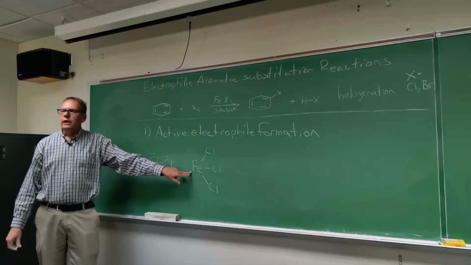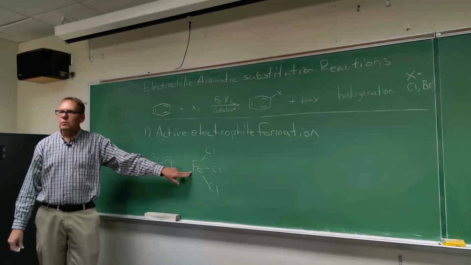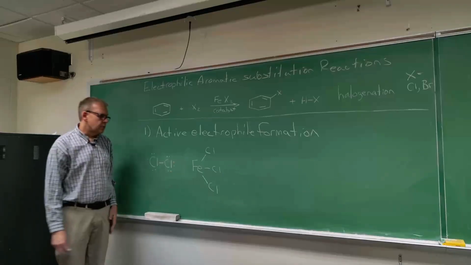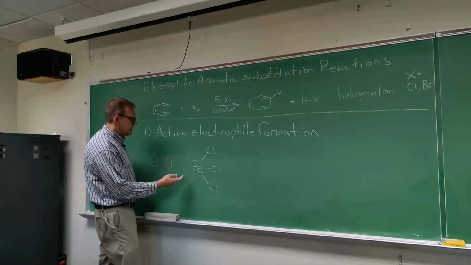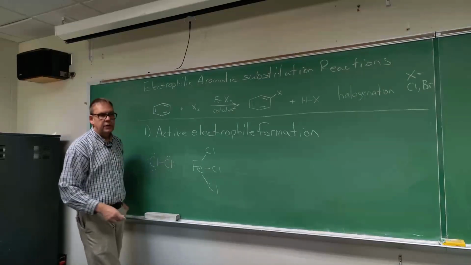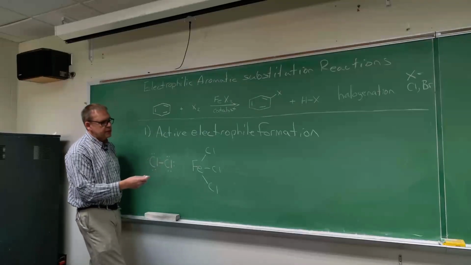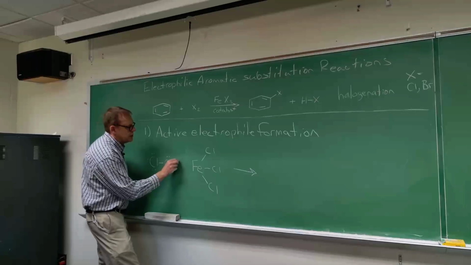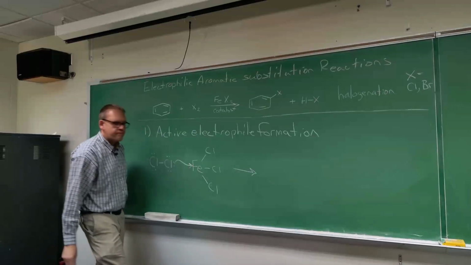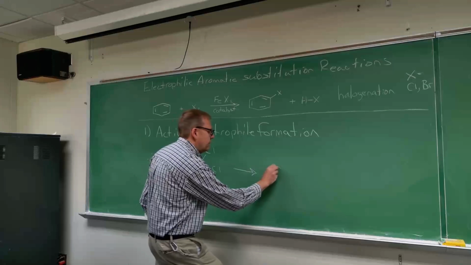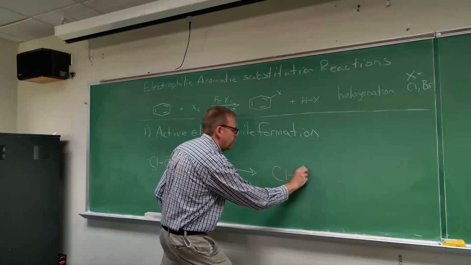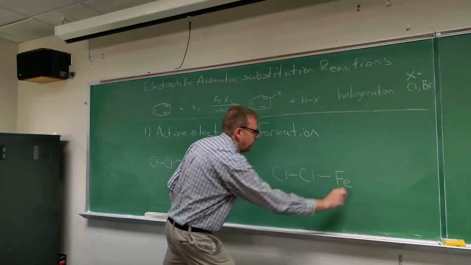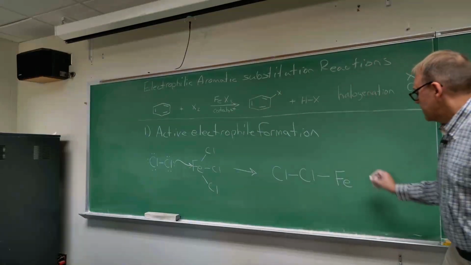So the iron has a real strong partial positive charge because it has these 3 chlorines attached to it. And so it really wants to accept some electron density, and these lone pairs are good at providing it. So what happens in this first step, or in this active electrophile formation, is a pair of electrons on one of the chlorines goes and makes a bond to iron. And then that gives an active electrophile that looks like this. It's got the chlorine molecule now bonded to the iron.